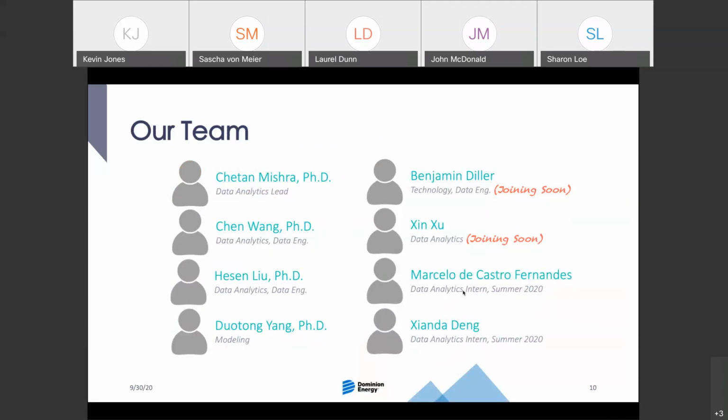We grew from 1 to 2 to 3 to where now I have, come November, 6 full-time people on staff that are only working on these problems, in addition to 2 graduate internships that we bring in each summer. So we have folks that are working on data analytics, some folks that are working on the modeling tie-ins, which there are many, some folks working on data engineering and technology. But at the end of the day, we have some dedicated resources here, which is really exciting.